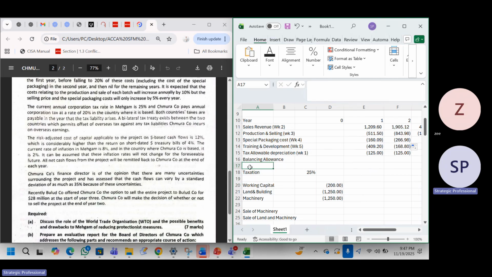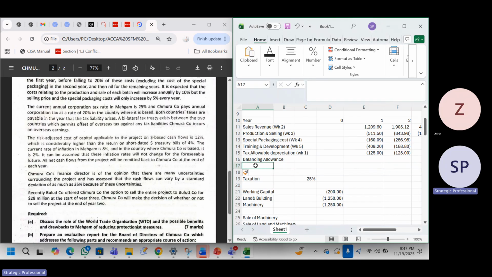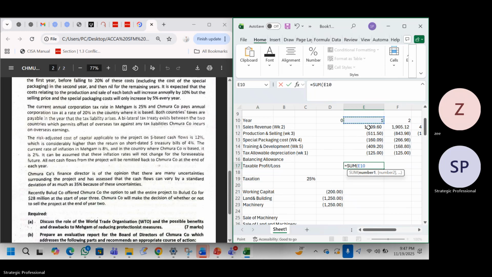Those are the information remaining. So what we just need to do is get our taxable profits from all these things that we've done. Whether it's a profit or a loss, we'll know. So we come here and add up, right? This will give us this.